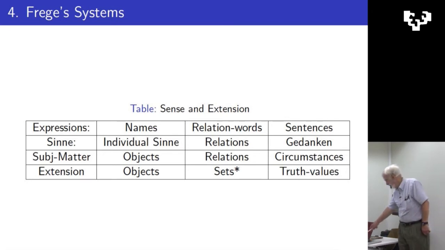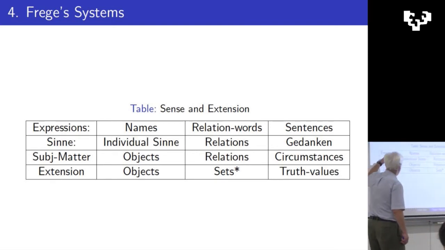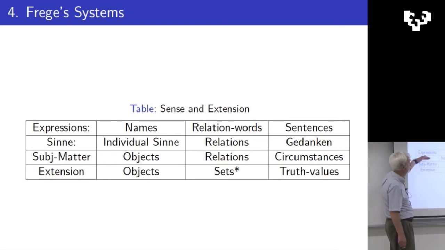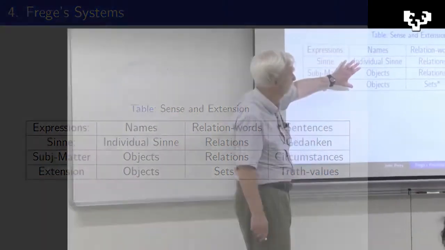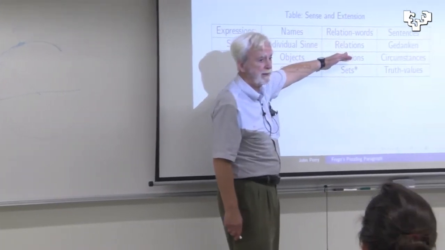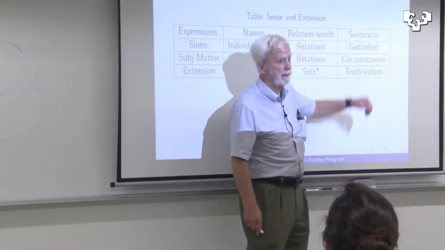So, to get the subject matter level, you quantify over the senses of individual things, but you take the relation itself, and that gives you a circumstance.